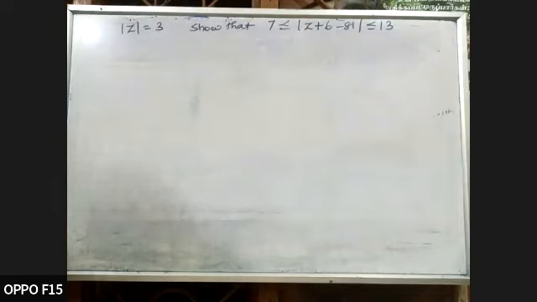Okay, so now listen here, we have to show that 7 is less than or equal to modulus of z plus 6 minus 8i, less than or equal to 13.